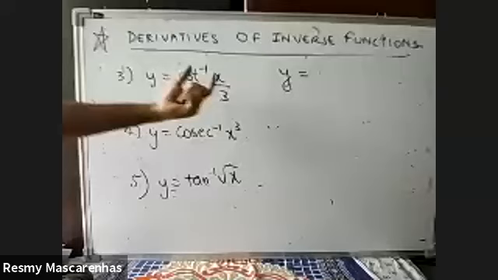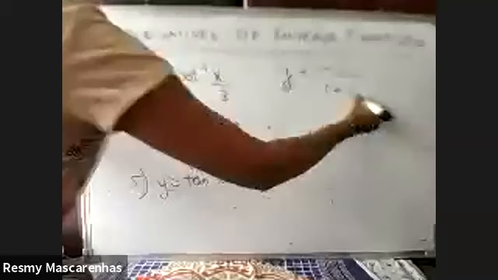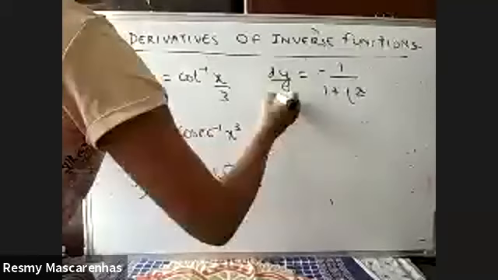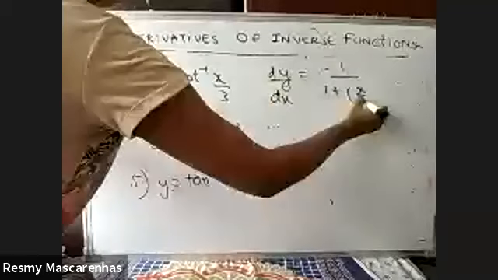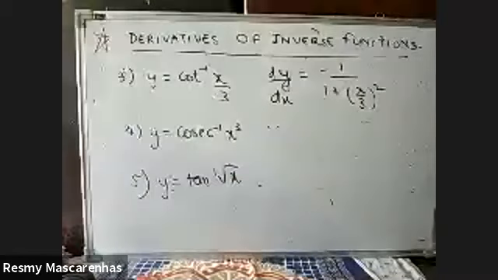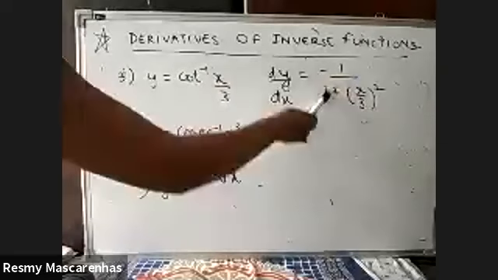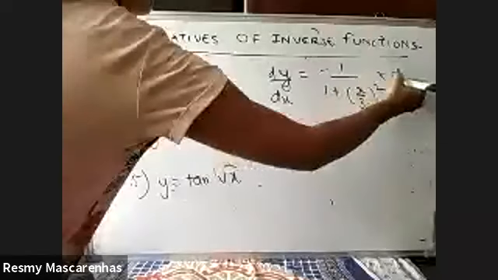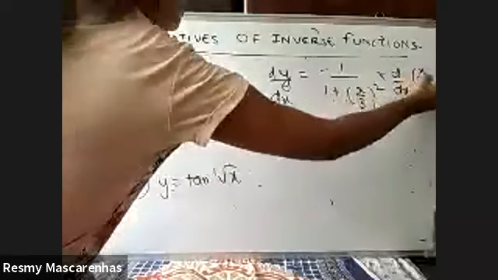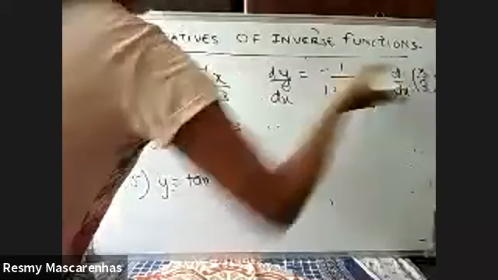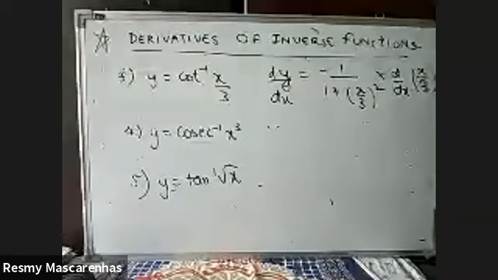So the formula will be minus 1 upon 1 plus x. Whatever is instead of x, you write as it is. And the extra derivative of this you all have forgotten. So that will be the derivative of x upon 3.